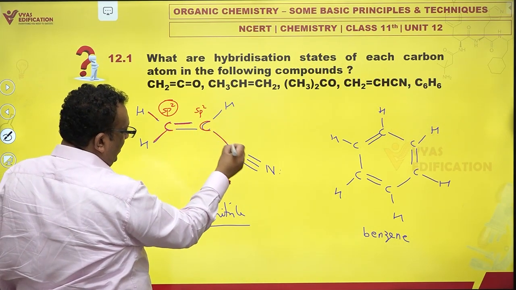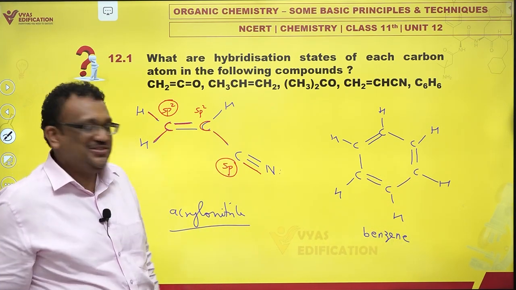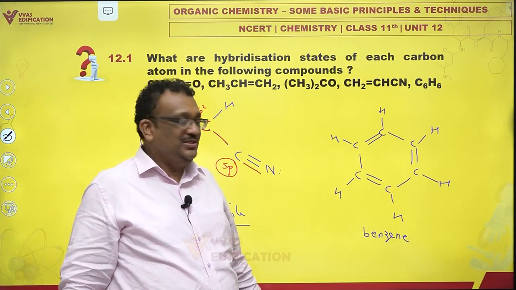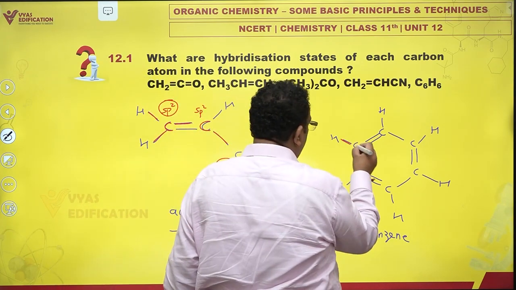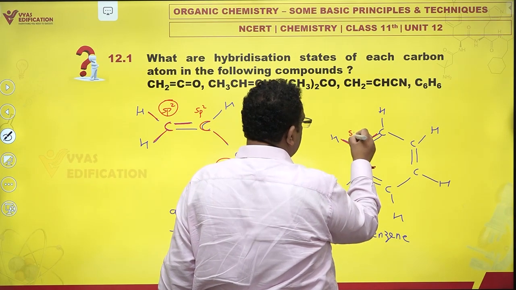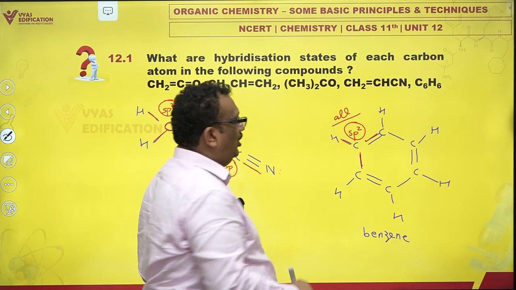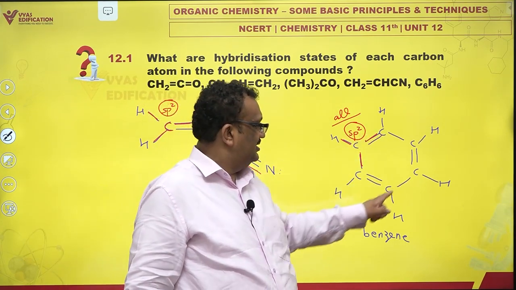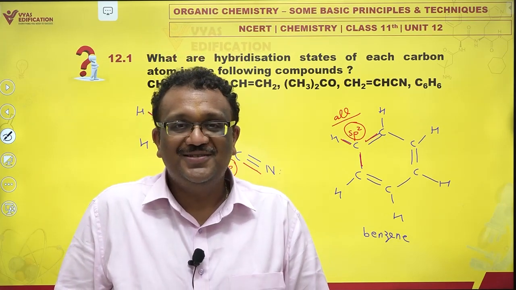This carbon 1 and 2, it is just sp. What about these? In benzene, all carbon atoms are similar actually. 1, 2 and 3 bonds, and this is it. So this carbon is sp2. As a matter of fact, each of these 6 carbon atoms is sp2 hybridized in benzene.